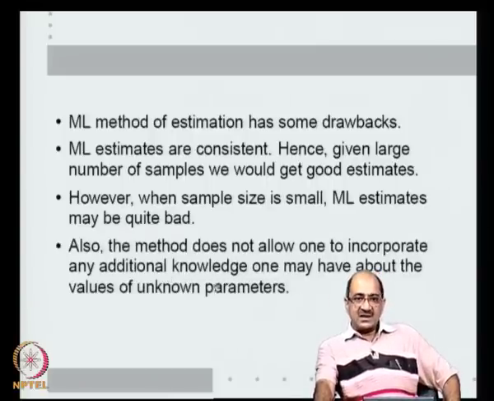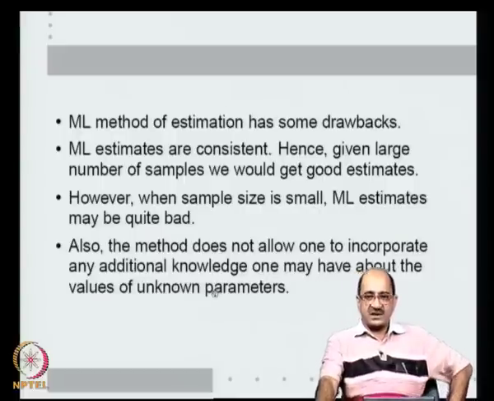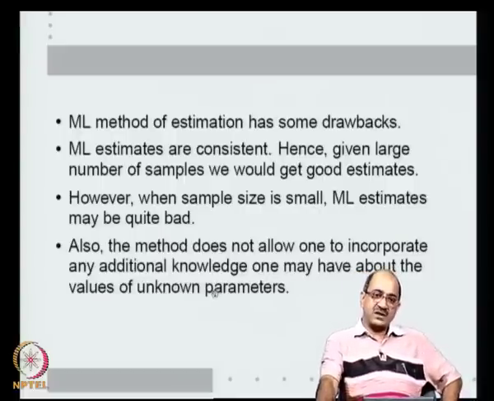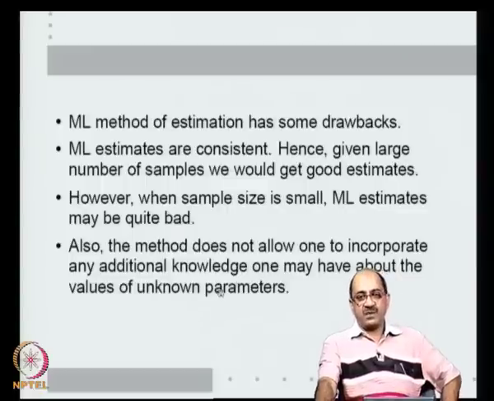What it means is, even if I have some knowledge about the possible values for the parameter, in this case I may know that the coin is not a two-headed coin, so both the probability of heads and tails are strictly greater than 0. Of course, I do not know the actual probability of heads, but I know that the probability of heads as well as the probability of tails has to be strictly greater than 0. But within the ML estimate, I have no way of incorporating this extra knowledge that I have.